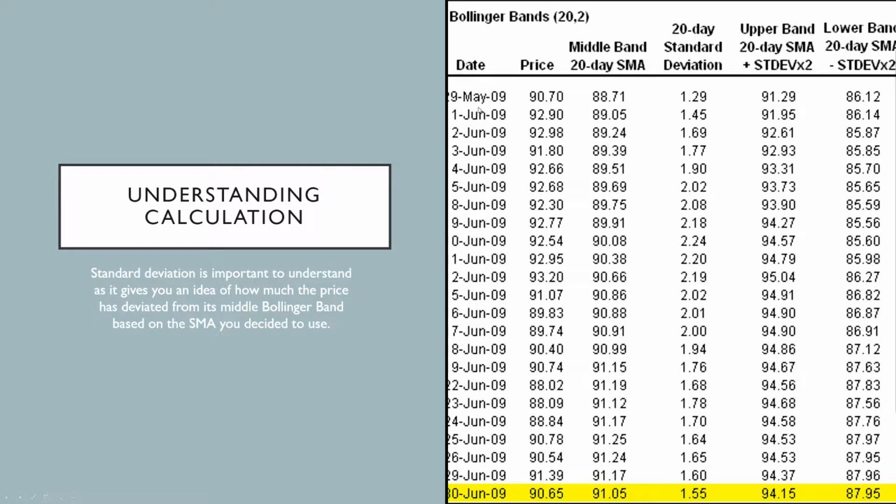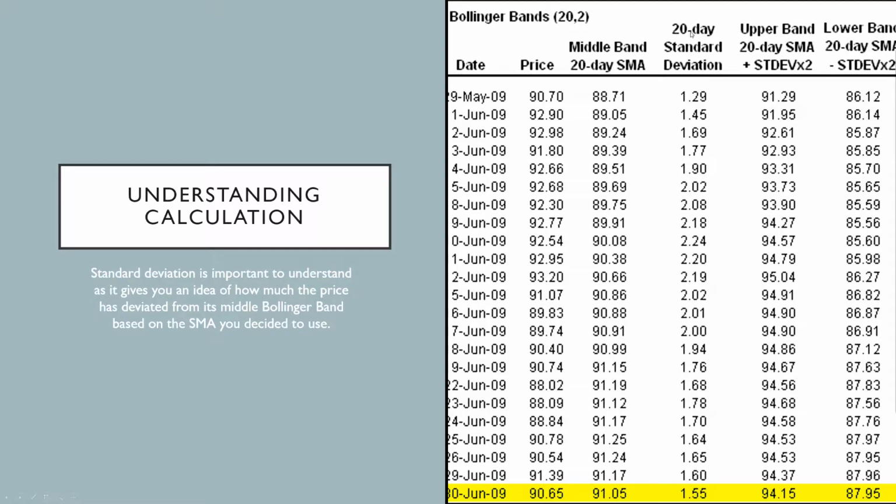On 29 May of 2009, the price was $90.70. On average, the 20-day simple moving average was sitting at 88.71. So the actual price of the stock itself is at 90.70, and based on the 20-day average, the middle Bollinger Band is sitting at 88.71.